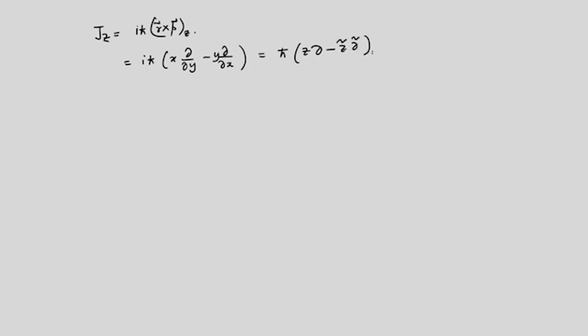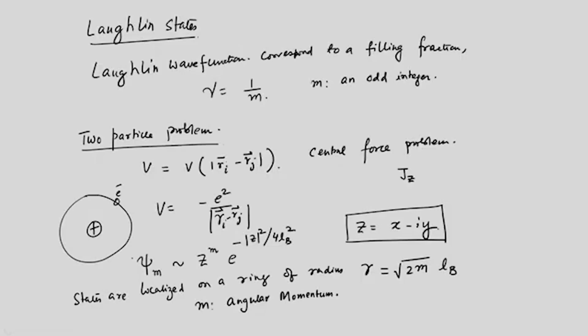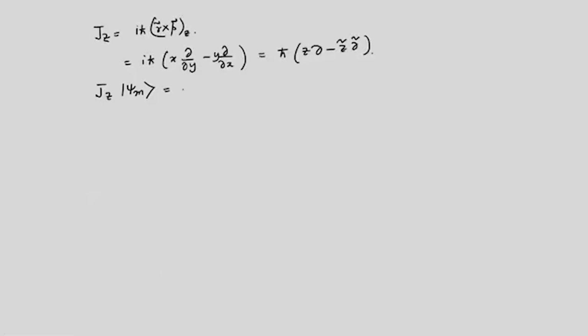Okay. So, if you look at the discussion that we had in the last class, you will see this, and then Jz acting on these states psi m, I am writing it with a ket which we haven't written before, but you can write it here. This is a ket, unnormalized of course, and this is equal to m h cross psi m and so on.